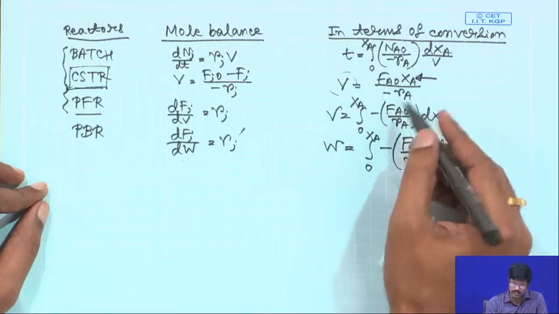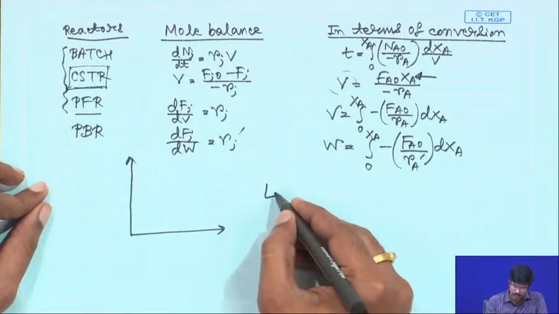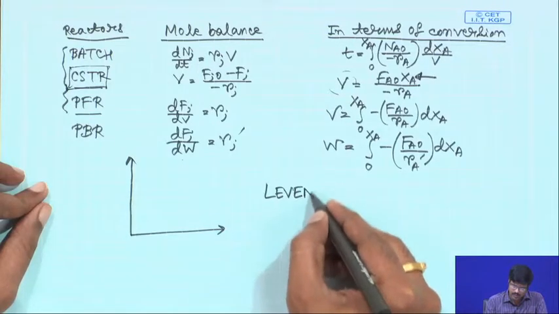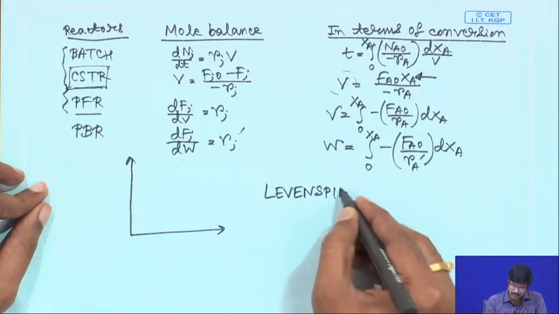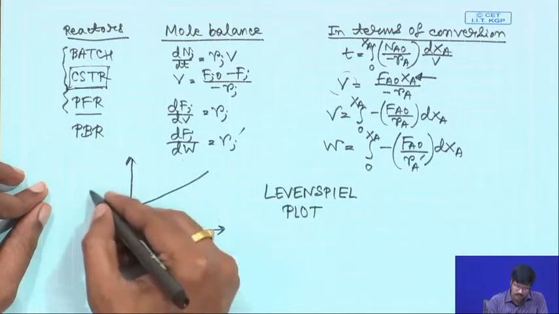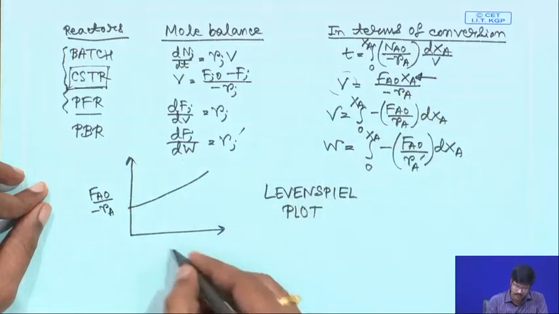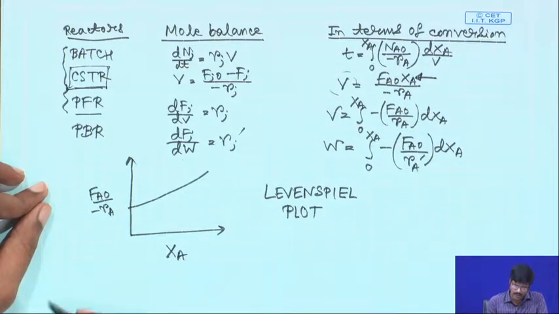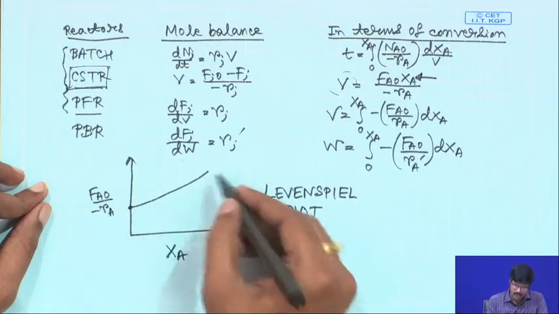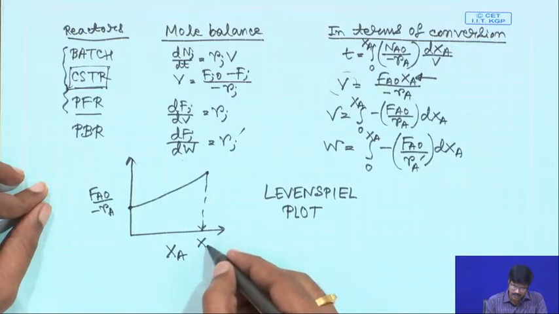We told that we have to do what we call a Levenspiel plot, where you plot Fa0 by minus Ra, this term, as a function of Xa, and then you are targeting a particular conversion, let us say X target.